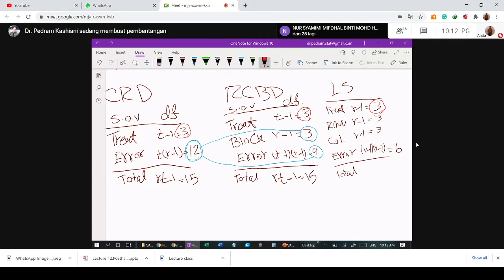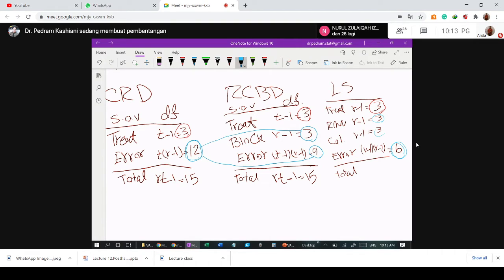But you can see here now, the experimental error became 6 degrees of freedom compared to this 12. So what happened?